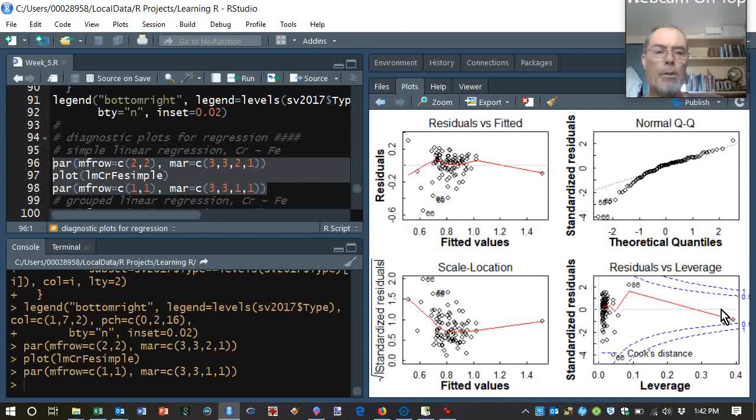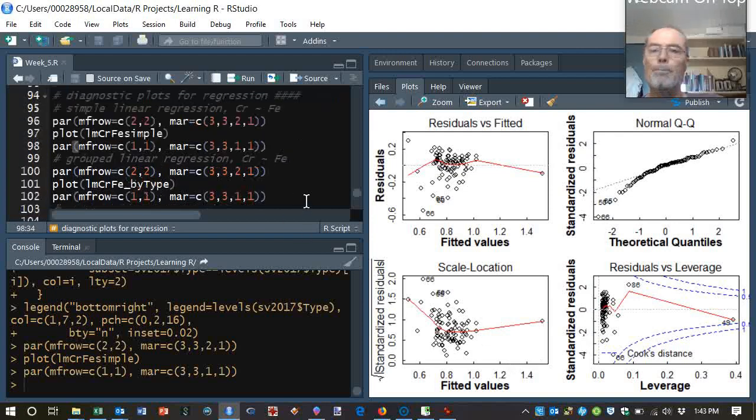So the bigger the difference it makes to remove a point, the bigger the Cook's distance, in approximate terms, and we can check whether we've got very influential points which we might want to do something about in our regression data set.